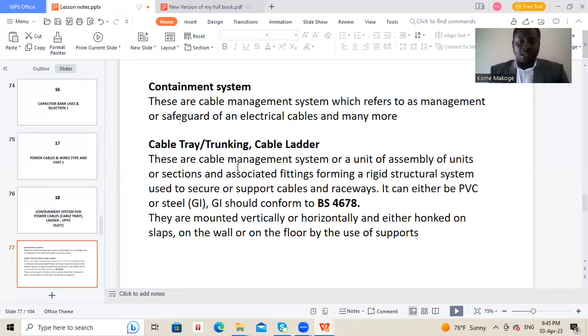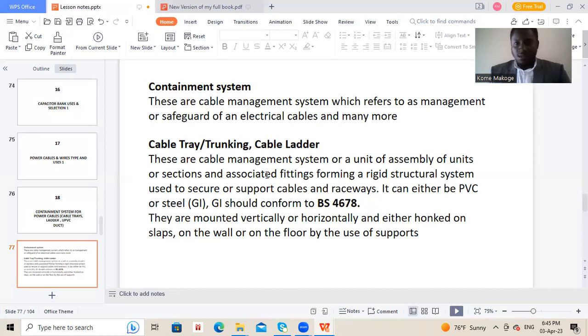These are cable management systems as well, an assembly of units or sections and associated fittings, coupled or made up of different fittings forming together a rigid structural system used to secure and support cables and raceway. It is either PVC or steel.